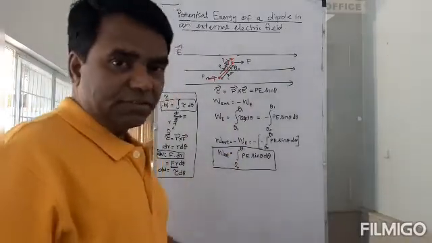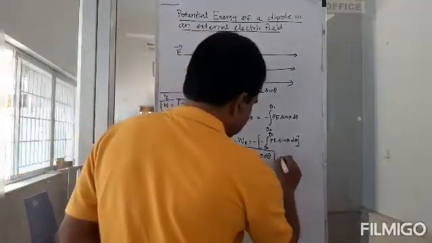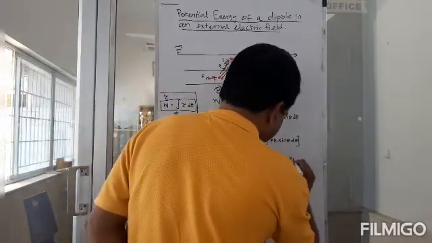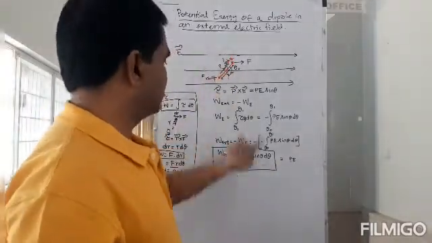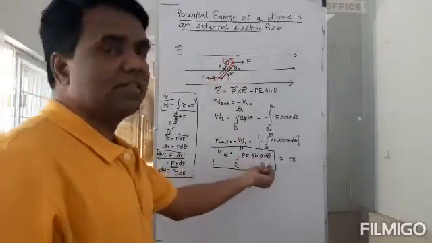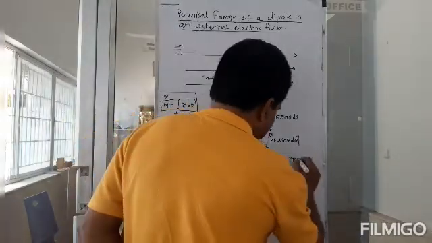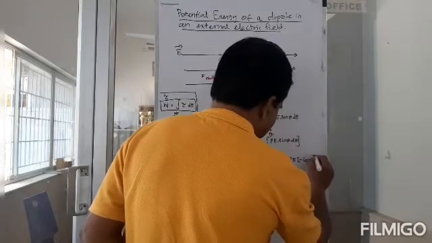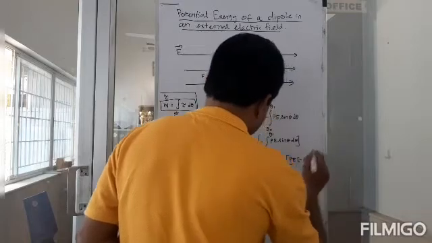And I need to integrate this. What would I get if I integrate? This is going to give me sin theta, with P and E as constant numbers, and theta changing from theta naught to theta 1. The integral of sin theta d theta will give you minus cos theta, written from theta naught to theta 1.